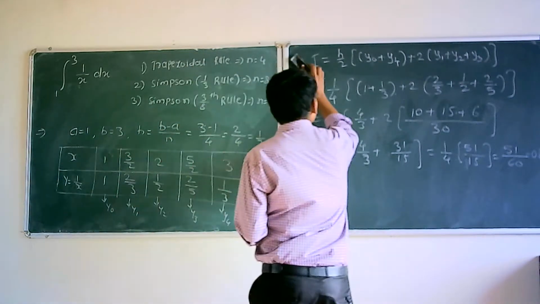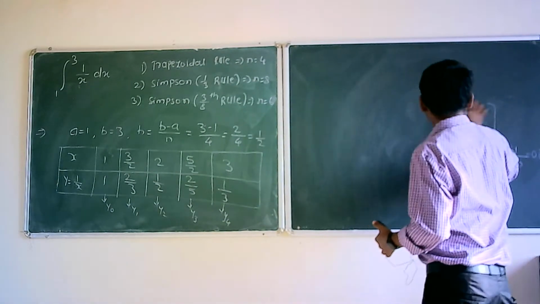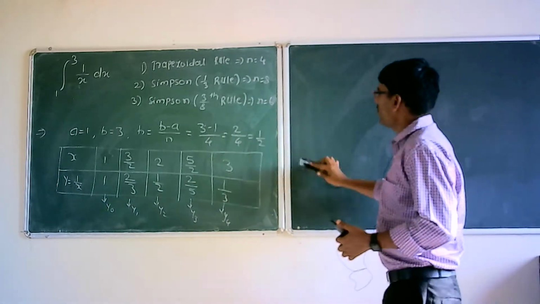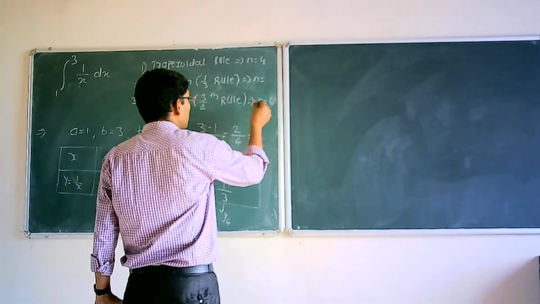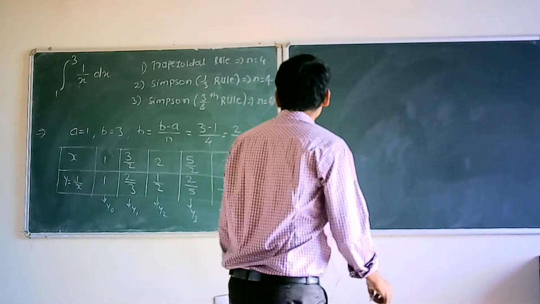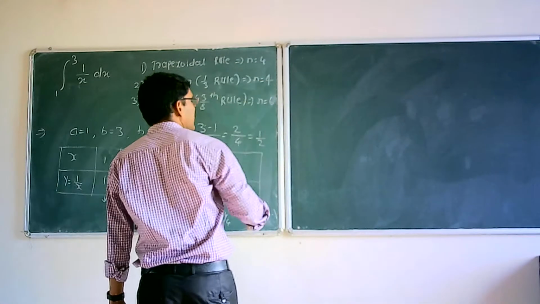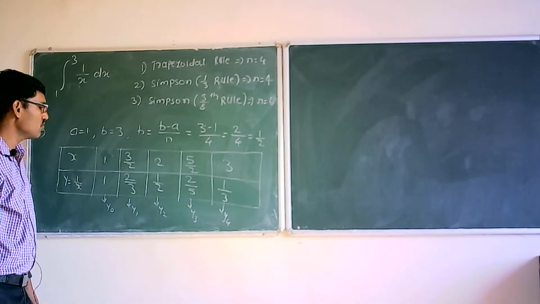Now next, we want to apply the Simpson 1/3 rule for n equal to 8. Again we are applying for n equal to 4, because of the time limit; instead of n equal to 8, we are writing n equal to 4. So to apply the Simpson 1/3 rule, what is the formula?